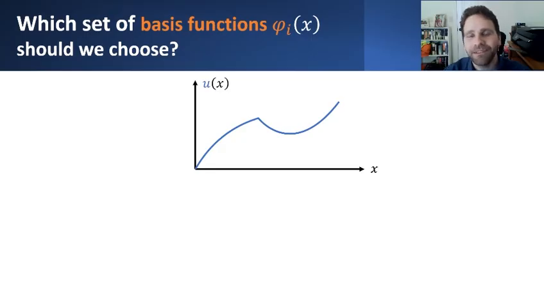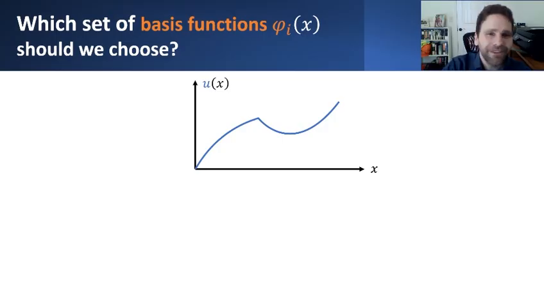And they should be, ideally, a convenient set of basis functions to choose, which also give us reasonable approximation properties. They should do a good job of approximating the representation of very general functions.